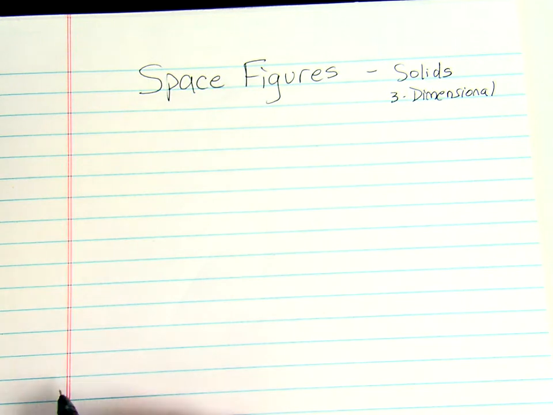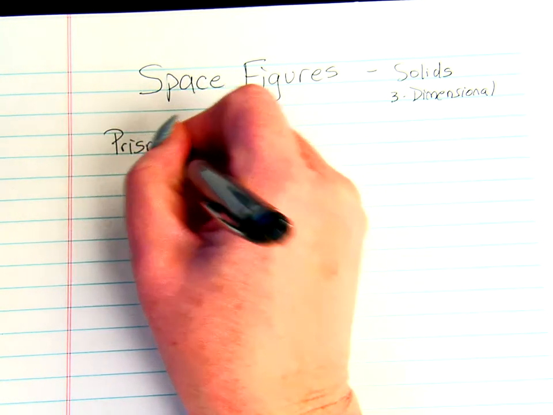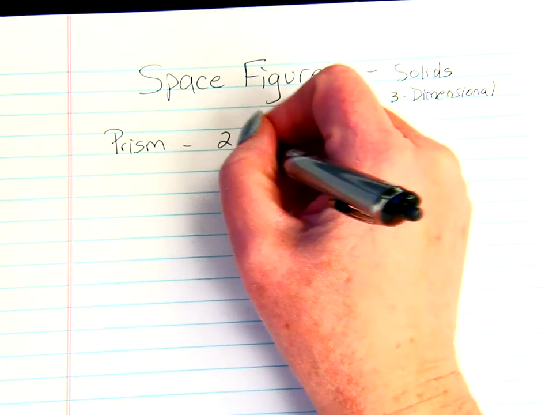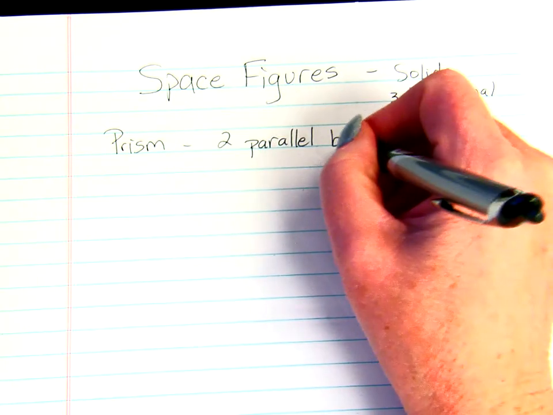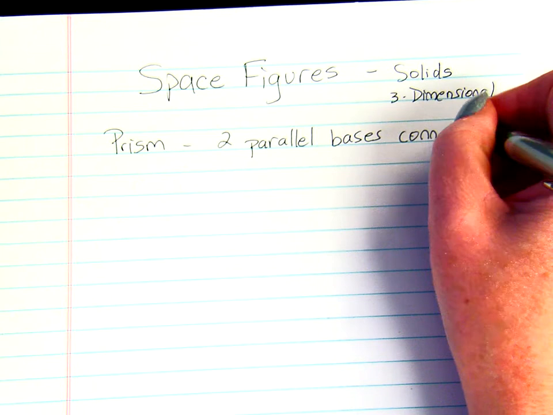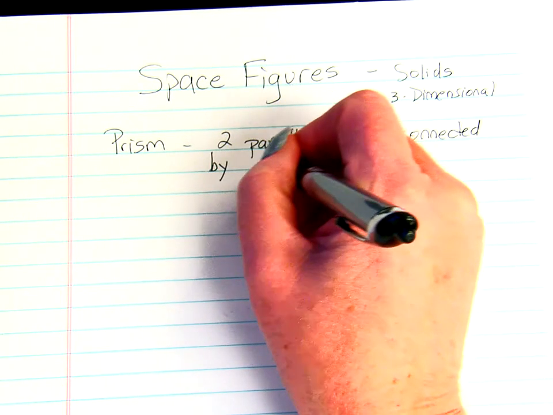So the first type of figure that we are going to work with is the prism. Now the prism has two parallel bases, and those two bases are connected by rectangles.